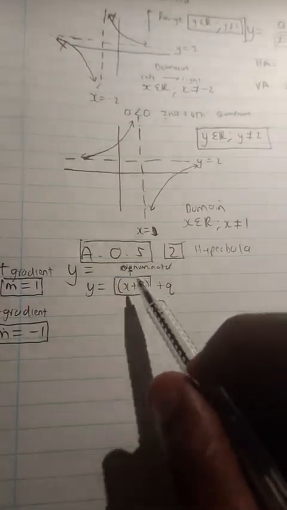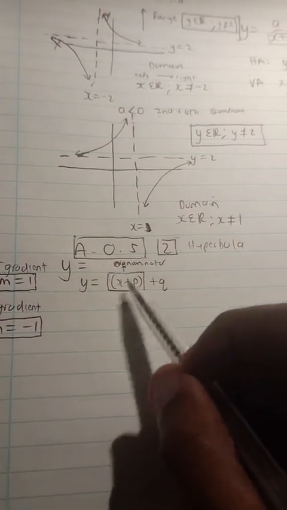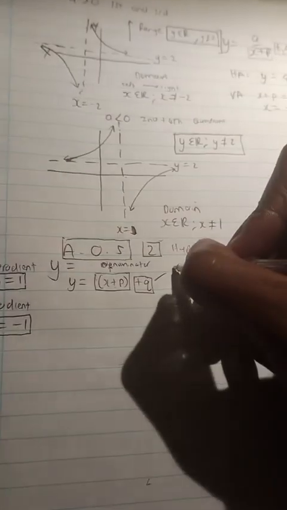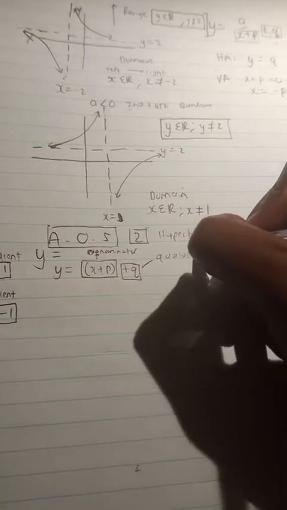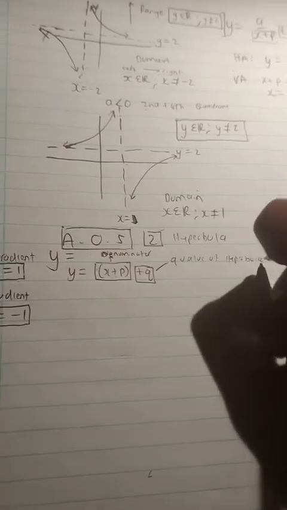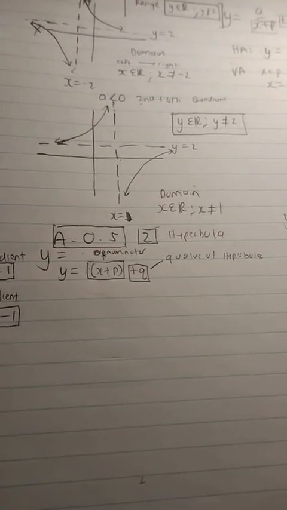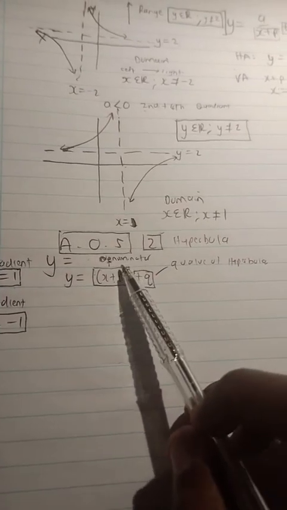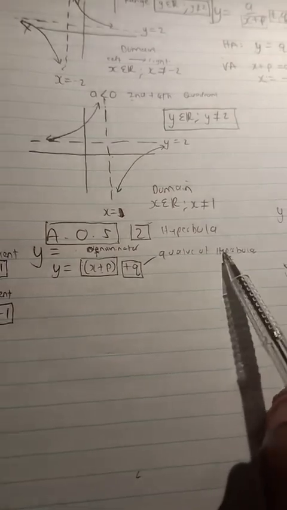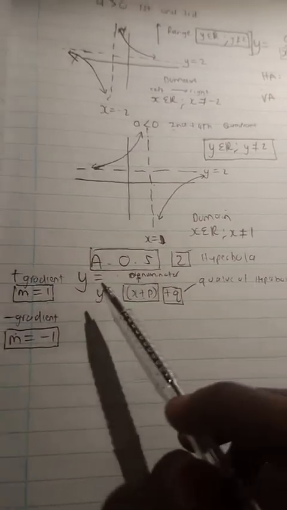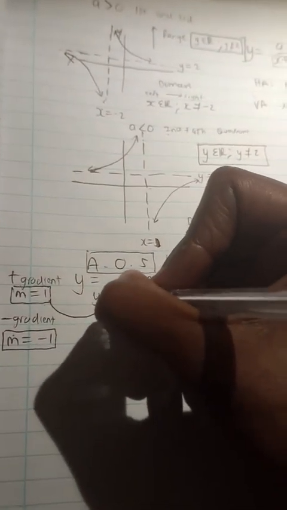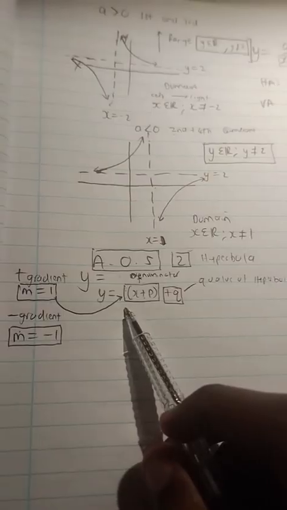This part represents the q value of the hyperbola. And it's as simple as that, guys. This part represents the denominator expression of your hyperbola. This part represents the q value of your hyperbola. And then the gradient is situated outside the bracket.